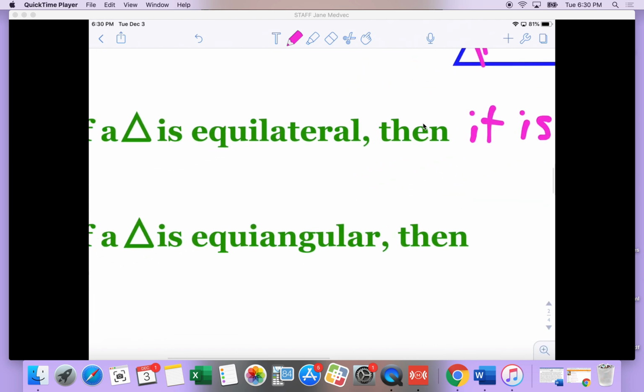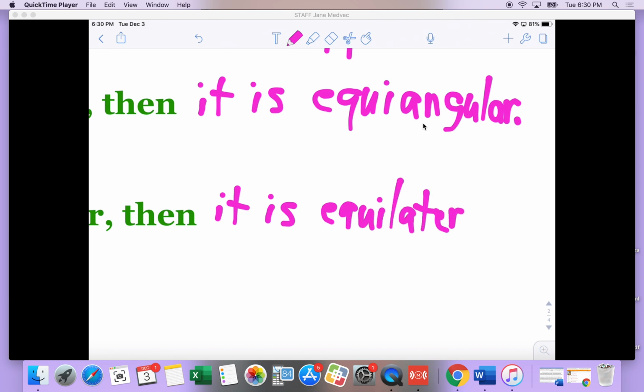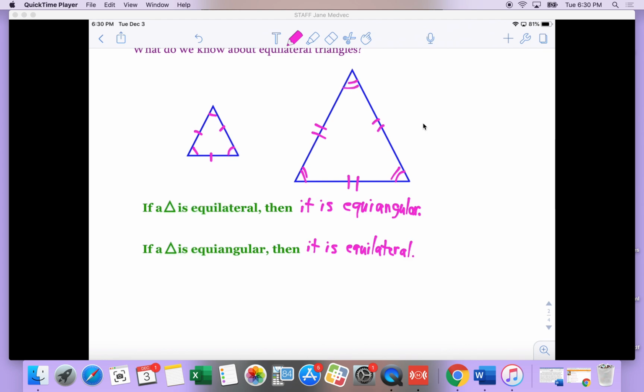Or if a triangle is equiangular, then it is equilateral. So, some properties about isosceles triangles and equilateral triangles.